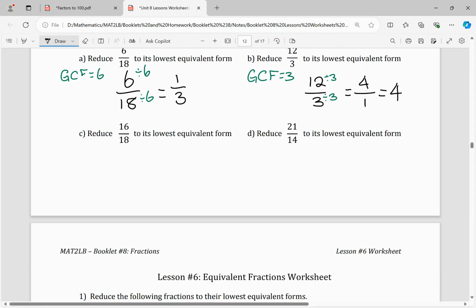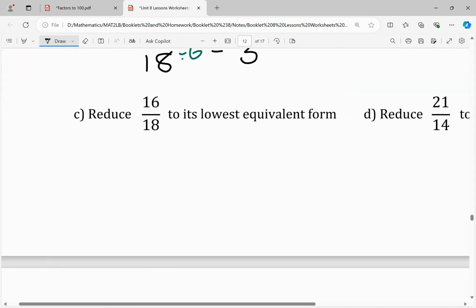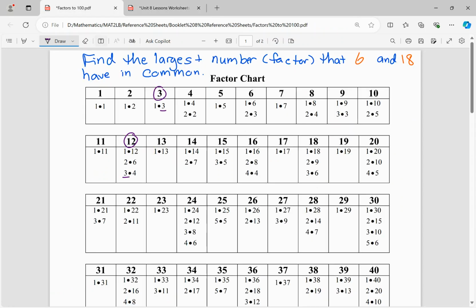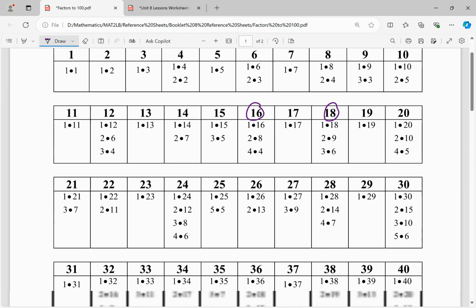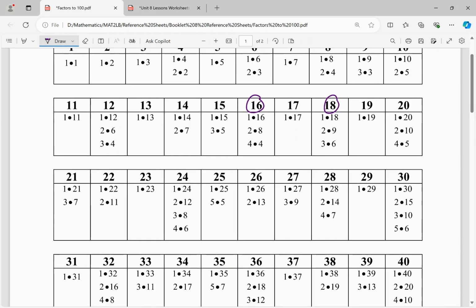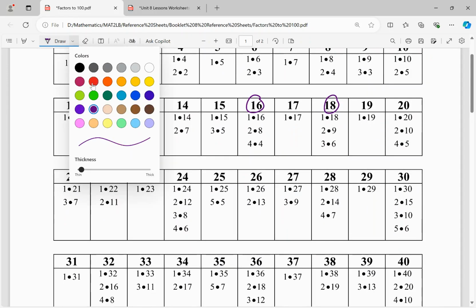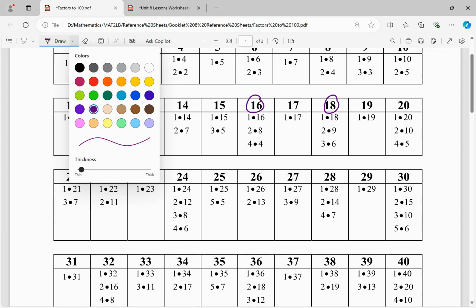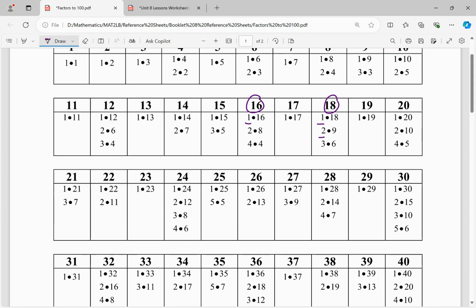In this next example, we're reducing 16 over 18. So let's look for 16. Let's look for 18. Here's 16. Here's 18. And we want the largest number that they have in common, which is going to be, well, they both have a 1. They both have a 2.